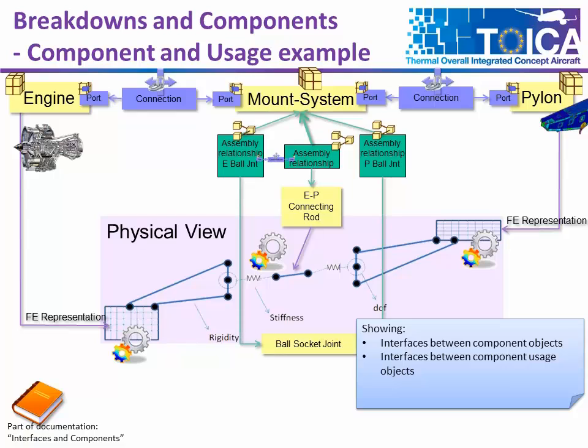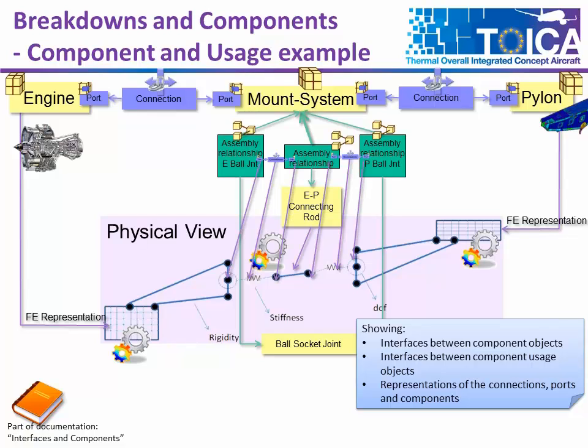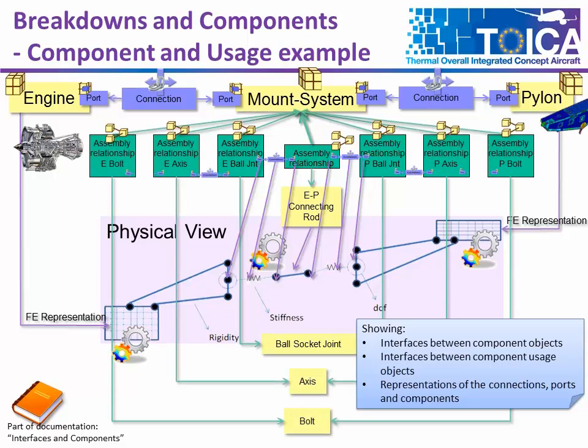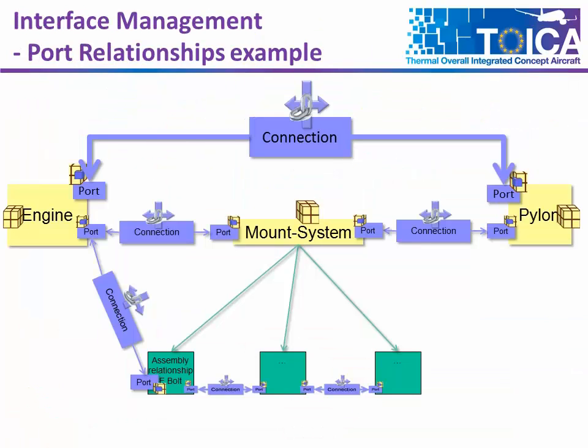Connections can also be between component assembly usages of those components. The connection objects have spring representations, and the port objects can also have their own representations. This continues on until eventually the end component connects to the same port on the engine and the same port on the pylon.